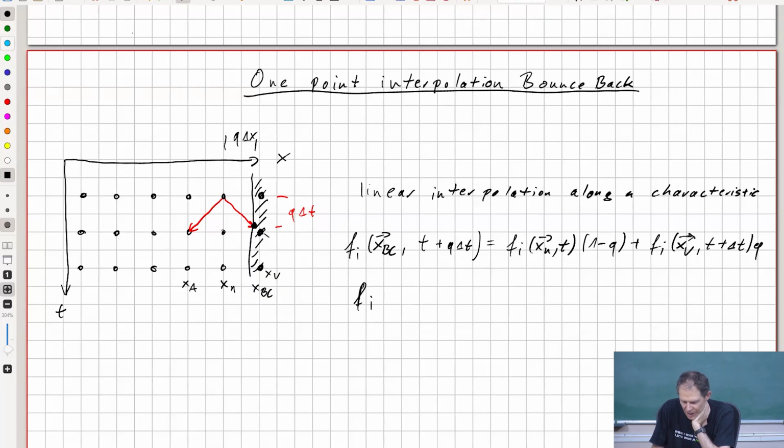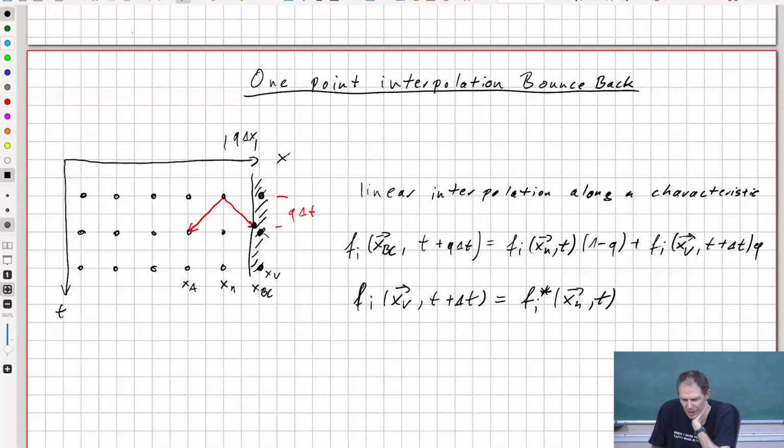So Fi xv t plus delta t is equal to the post-collision at xn at time t, right?